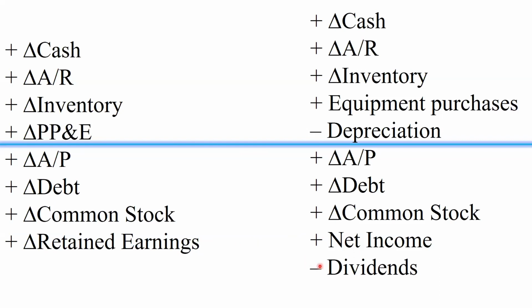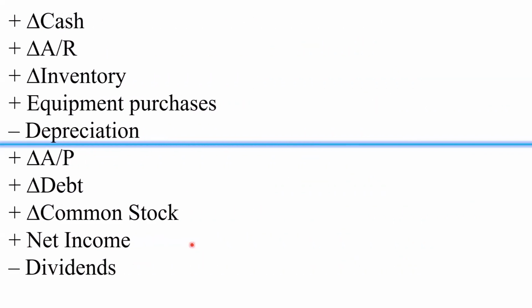Okay, so in this step I've split PP&E into its two components that you'll find in the PP&E T accounts, and the change in retained earnings into its two components, net income and dividends. Okay, so that was that step. Now let's move this over to the left-hand side and talk about the next step. The next step is moving this blue line.